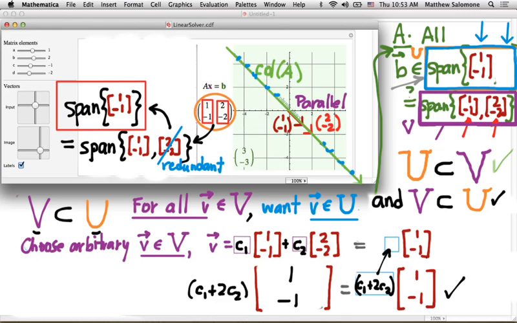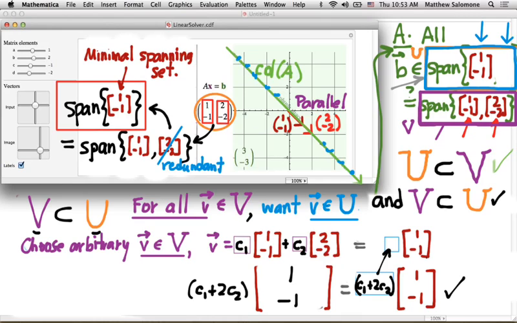All we need is the span of 1, negative 1. So what we would say in this example is that 1, negative 1 is, let's call it a minimal spanning set, because we've gotten rid of everything which was redundant. It's the least number of vectors that it takes to describe the entirety of this column space.